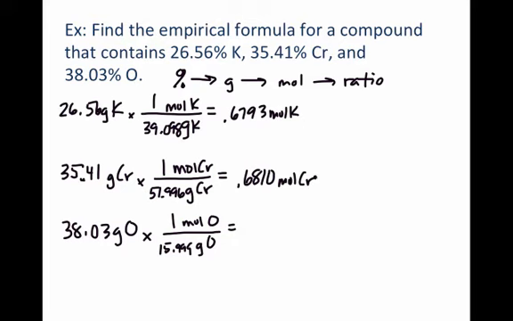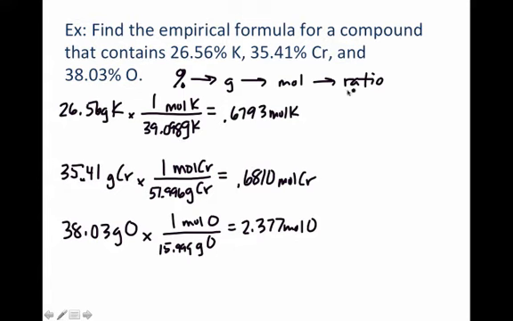Let's get some labels on there. And then 2.377 moles of oxygen. So again, all we did was we took each one and we did a gram to mole conversion for each one. So now we're at this stage right here where we have moles and we need to figure out the ratio.